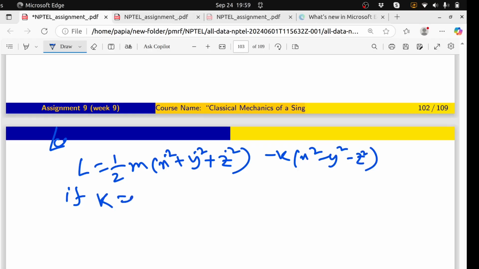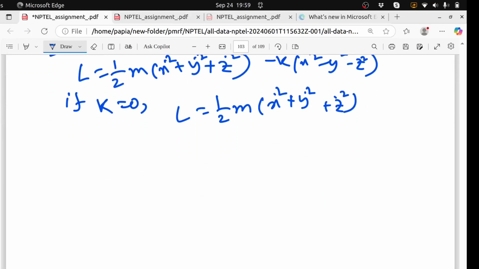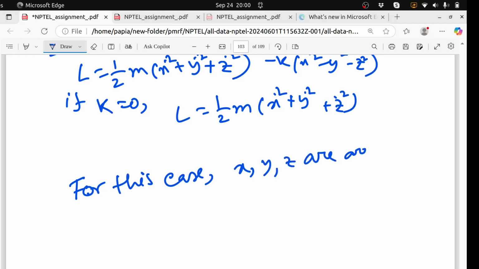If k equals 0, our L will be simply this. That means for this case, x, y, z are all cyclic.